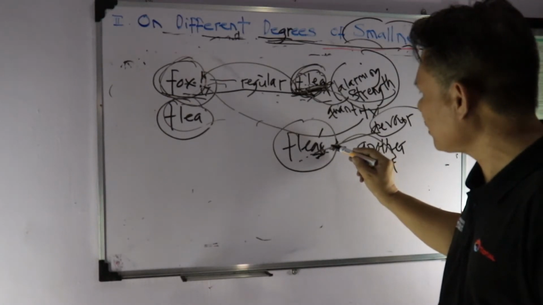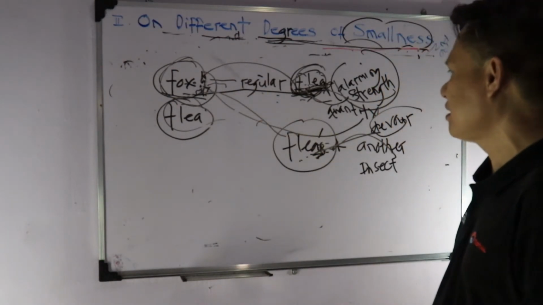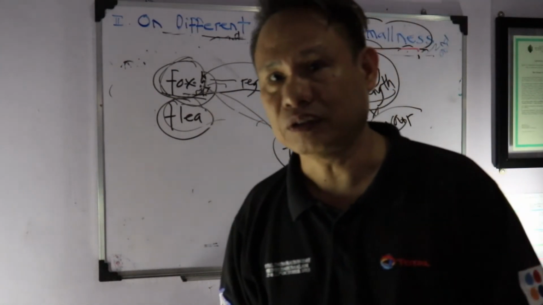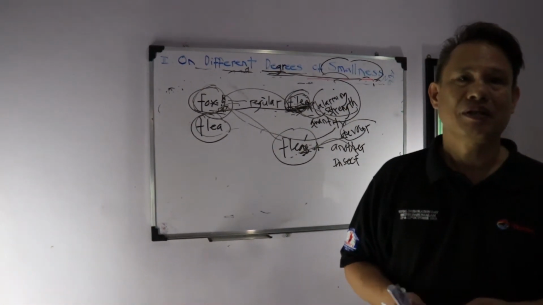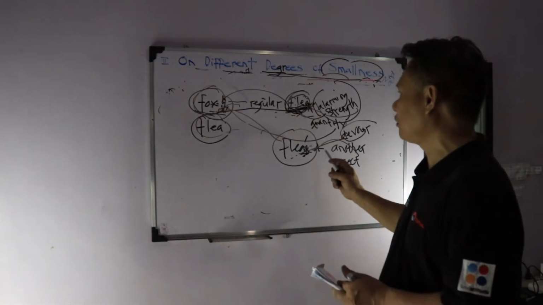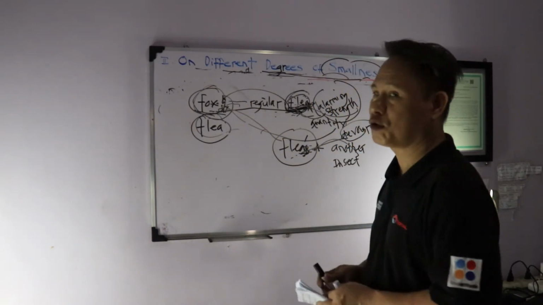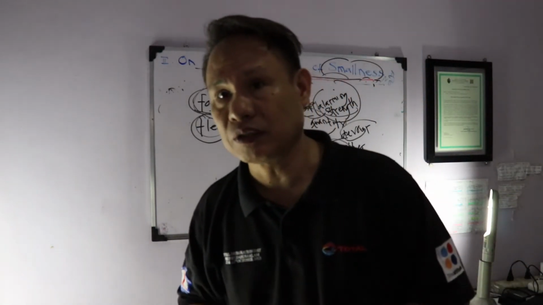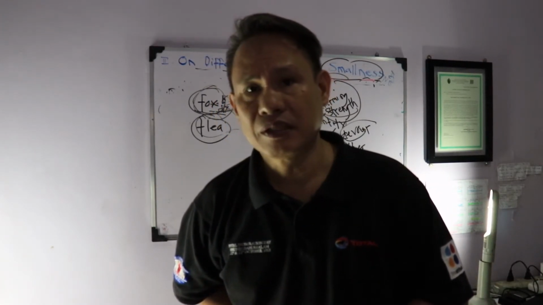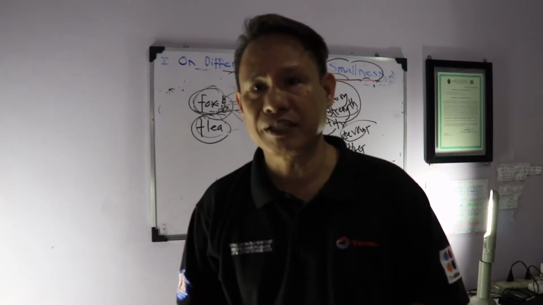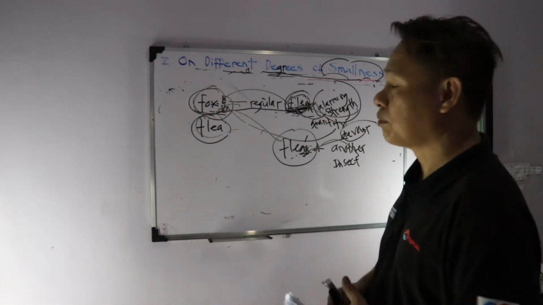If it would afflict the fox's body, he wouldn't mind at all, because it is not so many. But when it is subject to many portions of that, it would be significant. It would no longer be negligible. So that is a part of this chapter 2, different degrees of smallness.